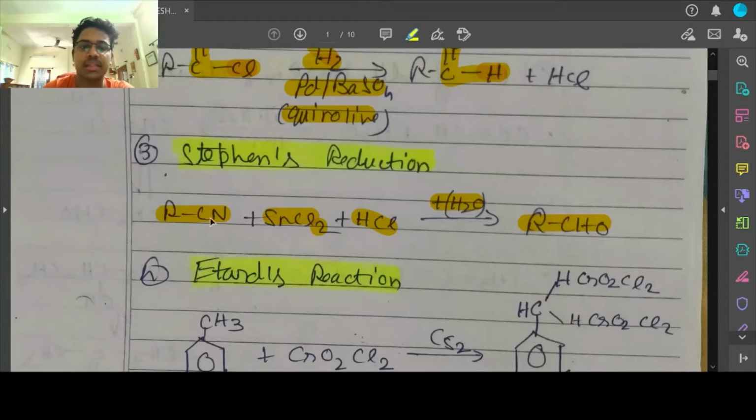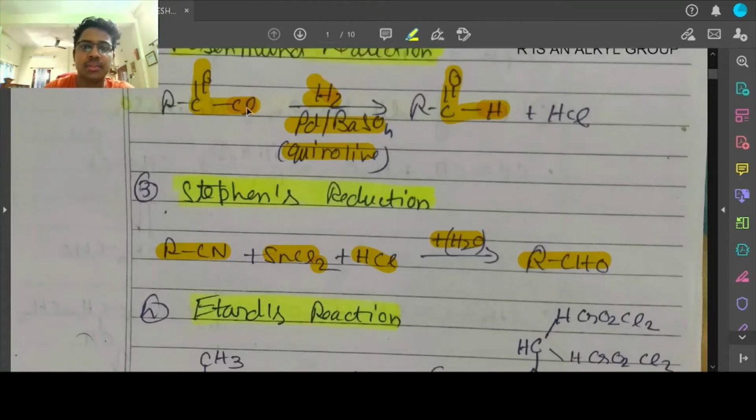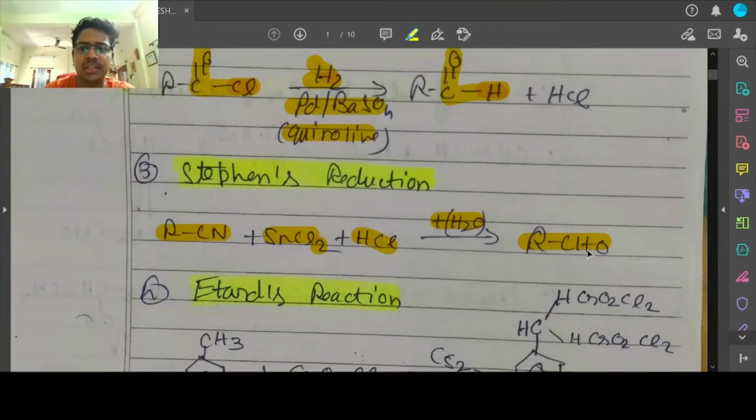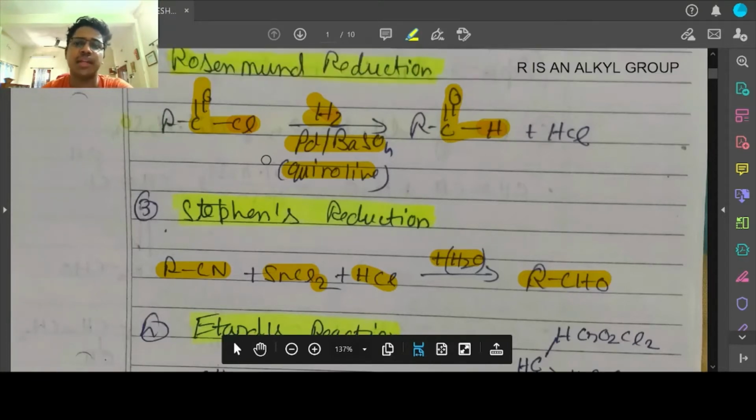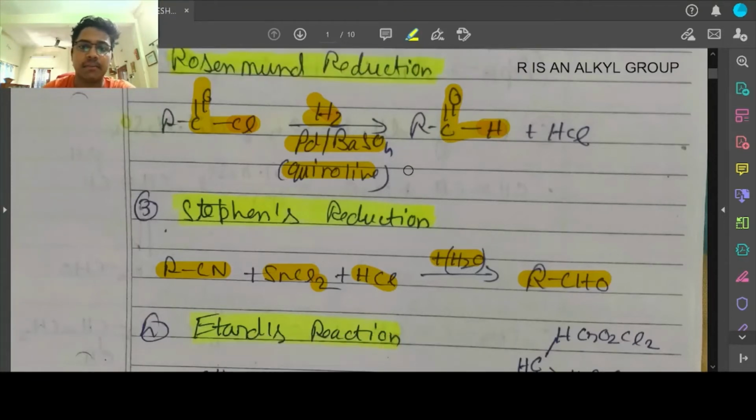The CN group is replaced with a CHO group. In Rosenmund, a chlorine is replaced with H; here, the CN group is replaced with CHO. Many people have a common misconception of interchanging these two and forget which one is which. So in Rosenmund, RCOCl in the presence of H2 and Pd-BaSO4 or quinoline gives RCHO plus HCl.